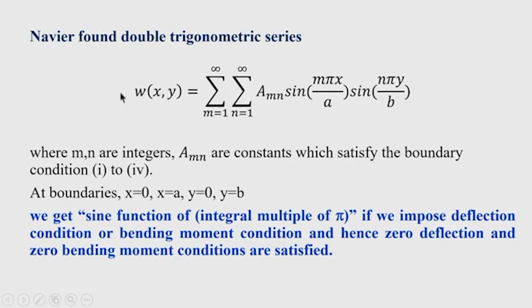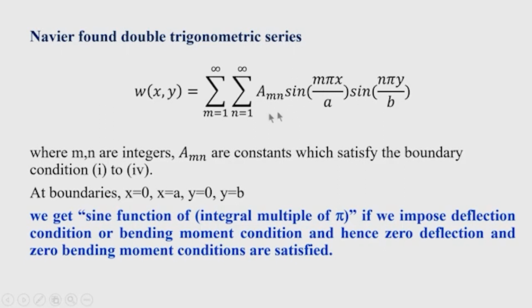Since we take it as a solution of the differential equation and it satisfies the boundary conditions completely, it should satisfy the differential equation also. So, substituting this series in the differential equation, we have to obtain A m n.